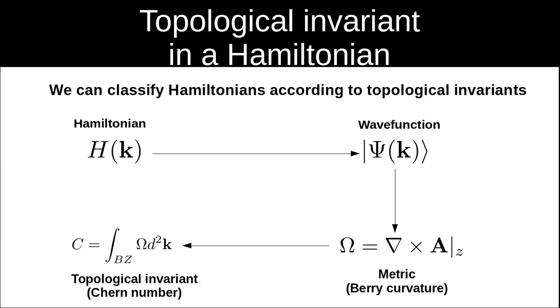That is the very same object that appeared when we computed the Hall conductivity. If you integrate this Berry curvature over the whole Brillouin zone, you get a topological invariant. In particular, you get the Chern number, which was effectively the Hall conductivity of our system. The way we count the number of holes in a Hamiltonian is directly through the Chern number.